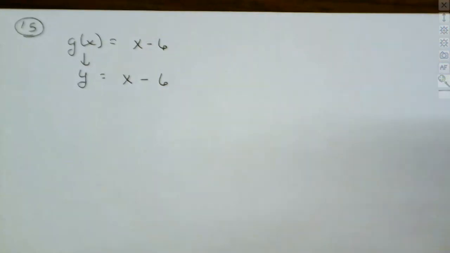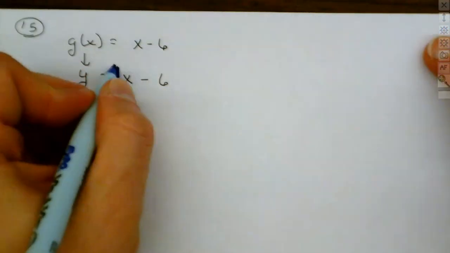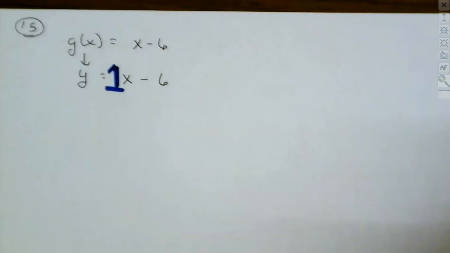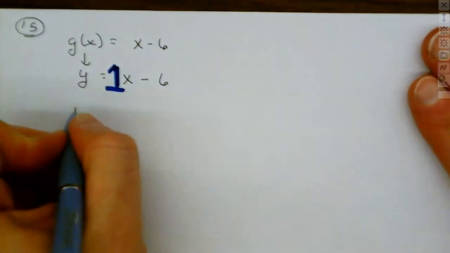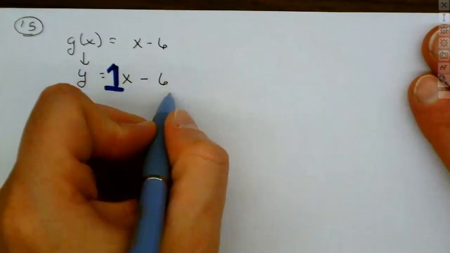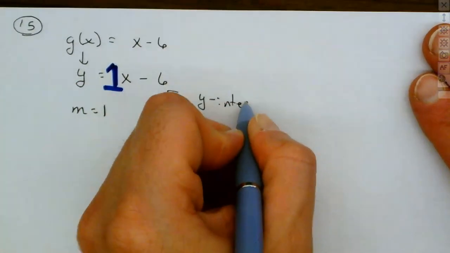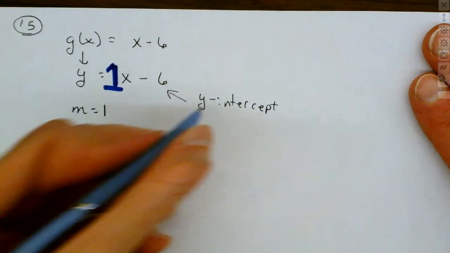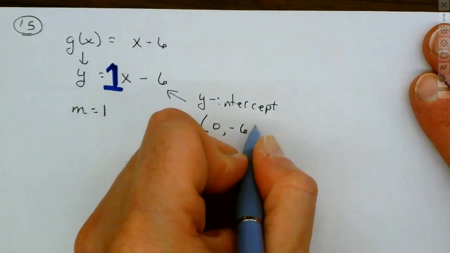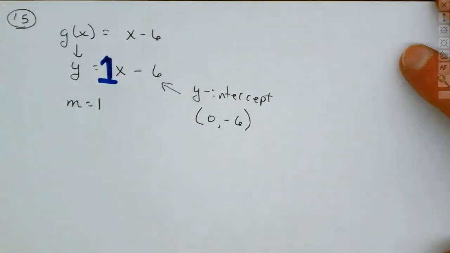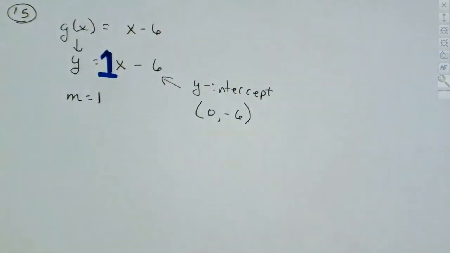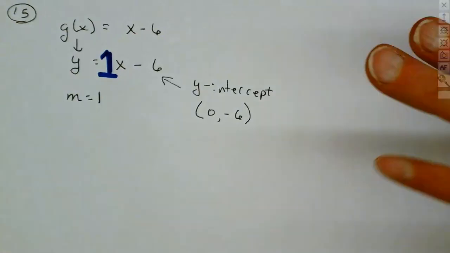There is no number in front of the x, so my slope would be 1. So my slope, m, is 1, and this is your y-intercept. That would be 0, negative 6, right? Okay, so we want to graph this function, and we also want to give the domain and the range.